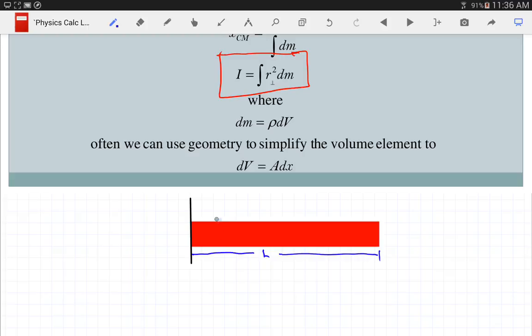That means if I were to take a slice somewhere like right here and look at that slice, everything's the same on that slice. And in that case, I can simplify, and instead of saying my dm is equal to rho dV, I can say my dm is equal to rho times that cross-sectional area times dx.